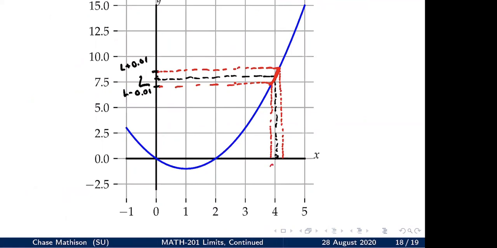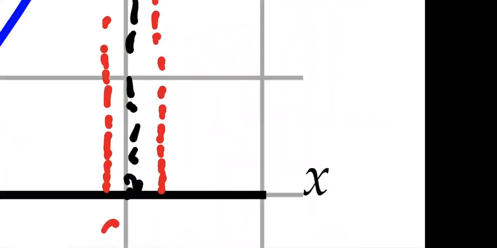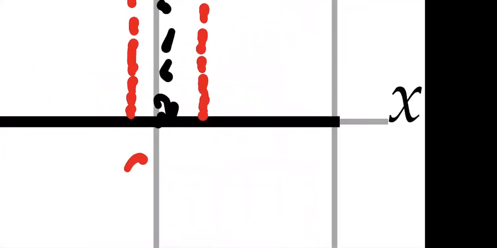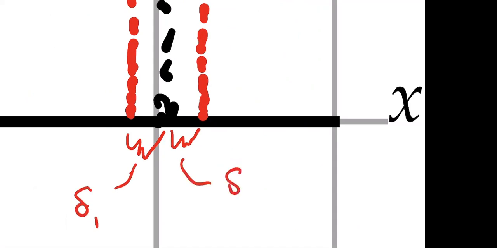Okay, so graphically, in my mind, it's actually easier to see what delta needs to be. If I zoom in here, here is some number, here's some width. They look roughly the same. One of them is actually bigger though. So this one we'll call delta 1. This one we'll call delta 2.